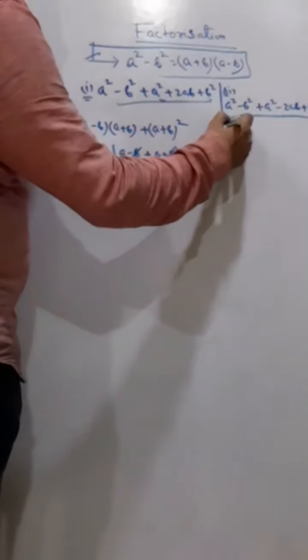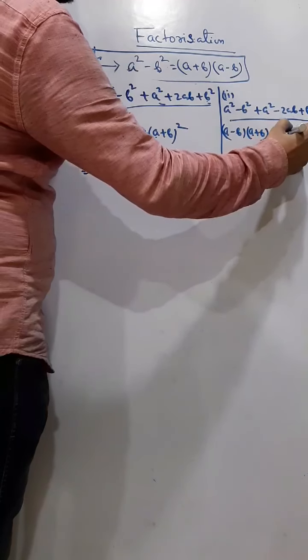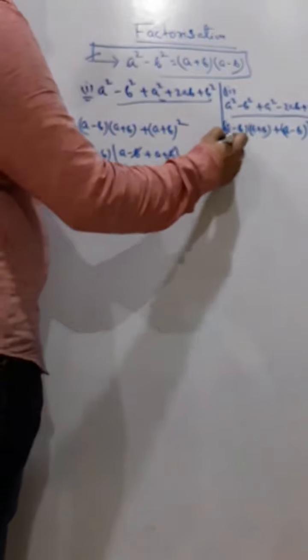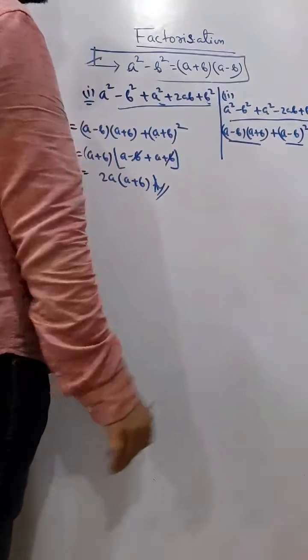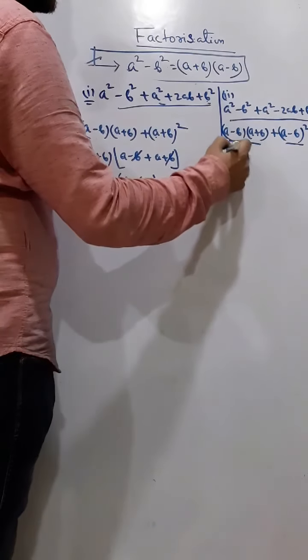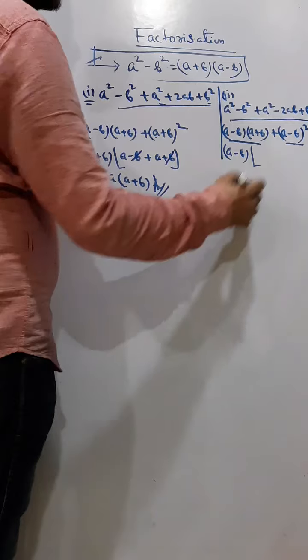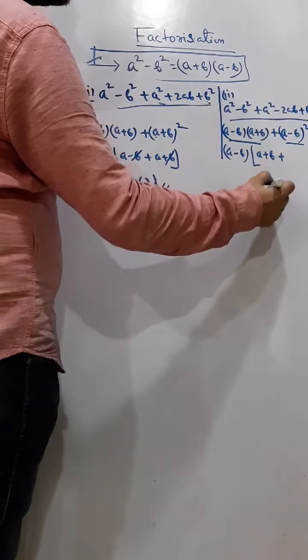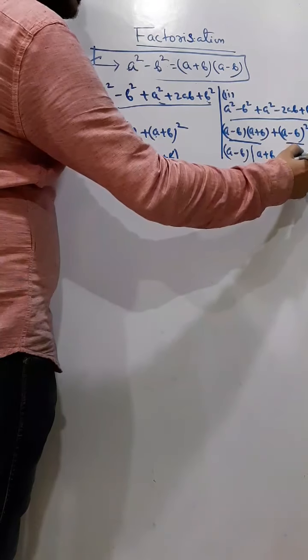Here also same, a minus b and a plus b, and then here I can directly write it as a minus b whole square. Again I am getting two groups, a minus b and a minus b I can take common. So if I take a minus b common, I am left with a plus b here, and then plus 1, a minus b is left.